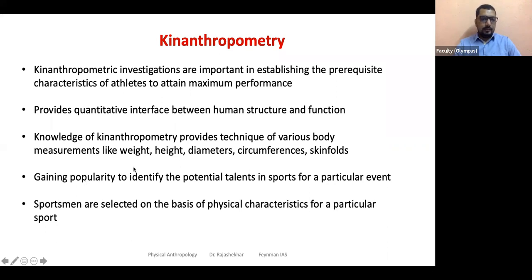The science of anthropometry is being used in selecting specific potential people who could perform better. So basically, we are quantifying their physical characteristics related to a particular field and using it as a method of selection.